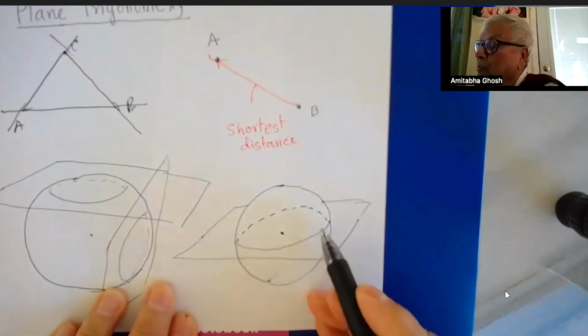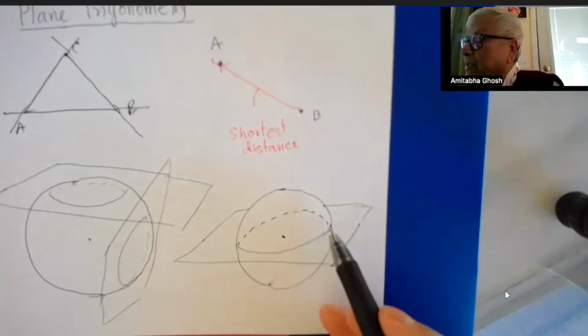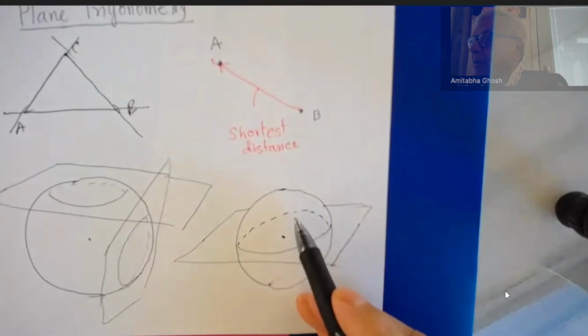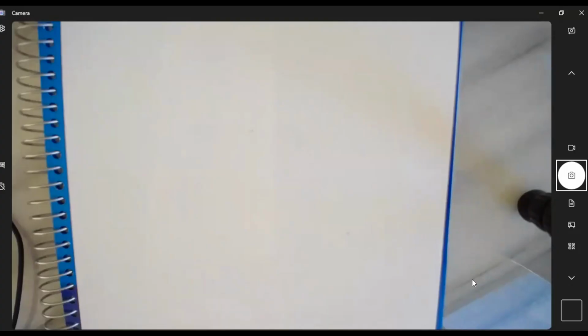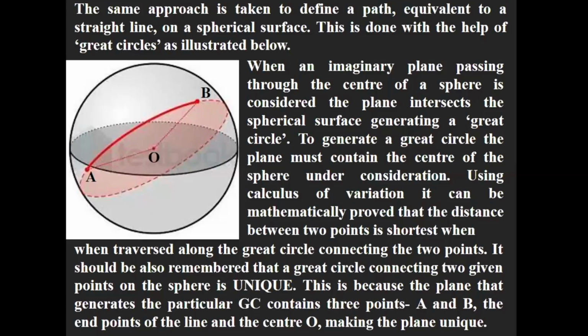And this circle will be the largest possible circle you can generate by intersection of a plane and the sphere. So, we have seen that we can get a circle by intersection of a plane and that spherical surface, and that circle is of largest size if the plane passes through the center.